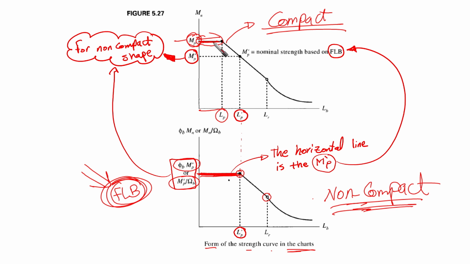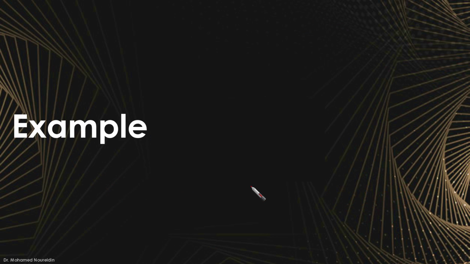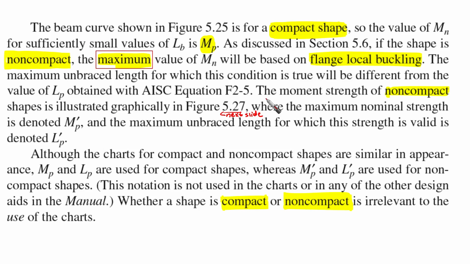You cannot tell unless you check the cross section, whether it is compact or non-compact. This is what I wanted to highlight, and this is what the book is telling us.